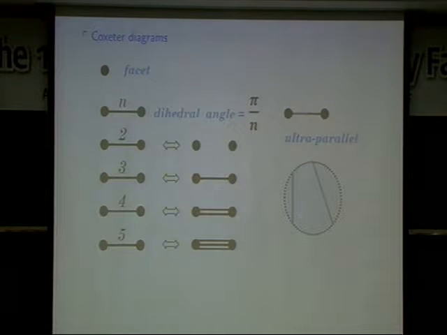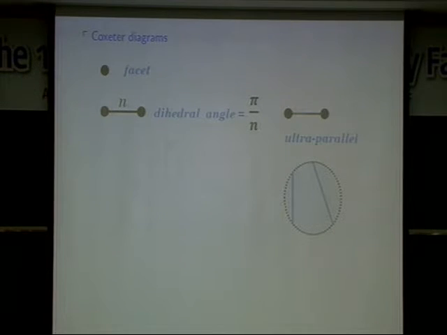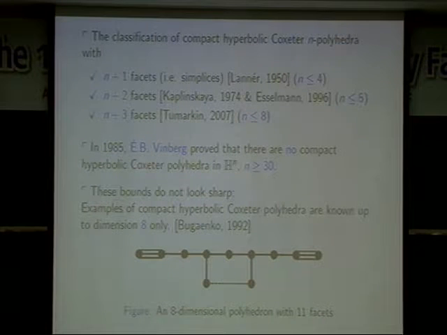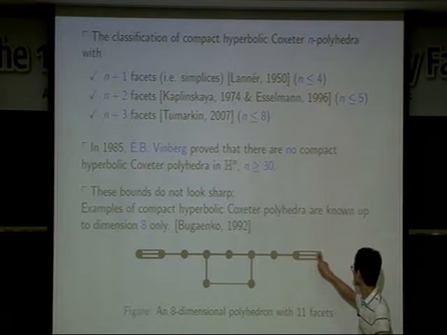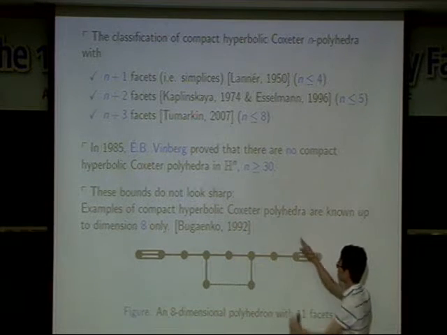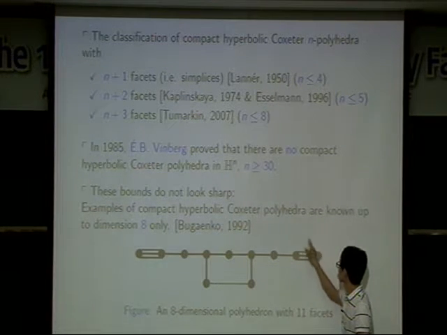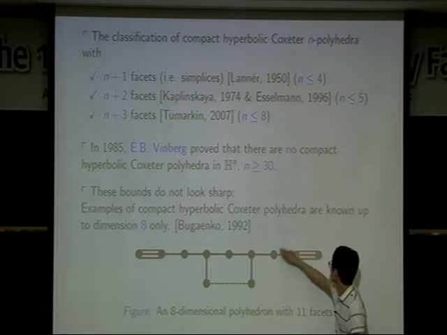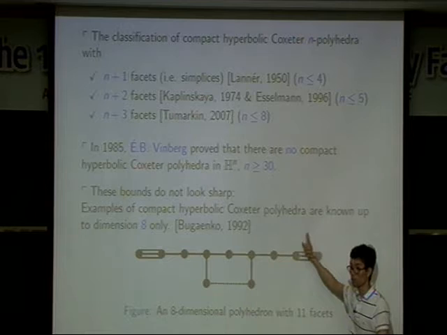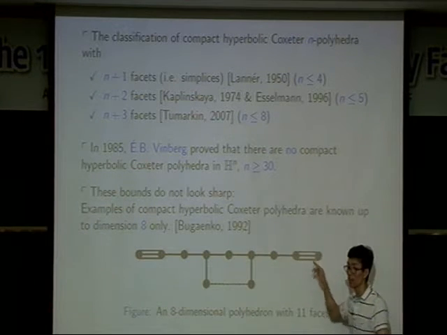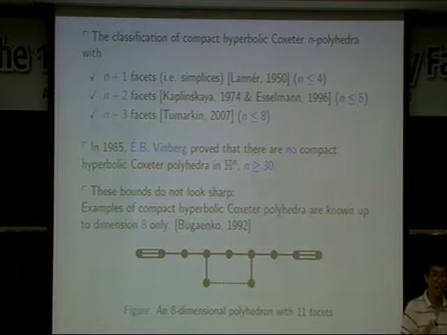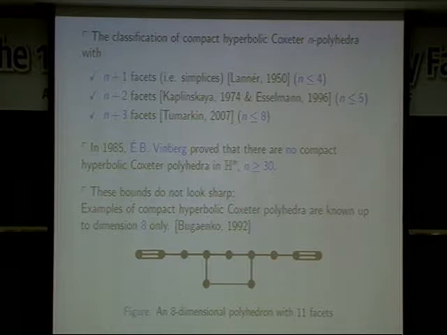But we use a more simplified notation: if the label is 2, we just erase these edges; 3 is just one line, 4 is a double line, and so on. In this case, two facets not connected by an edge means that the two facets are adjacent with dihedral angle pi over 2, right angles.